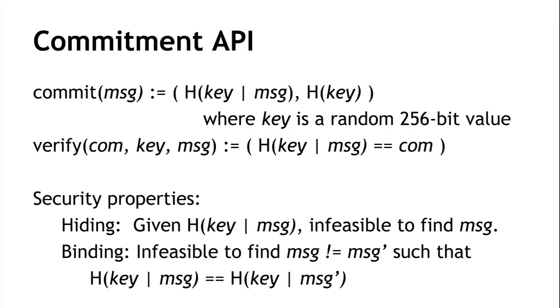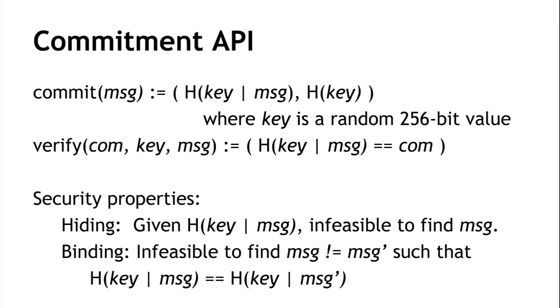And as the key value, we return the key. Later, to verify, someone is going to compute this same hash of the key they were given, concatenated with the message, and check whether that's equal to the commitment that they saw. So this is a way of using hash functions both in the commitment and in the verification.